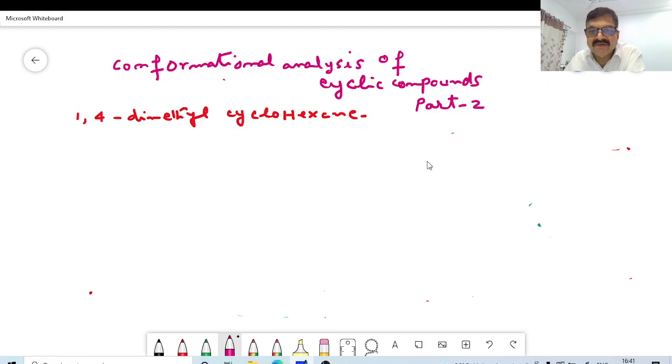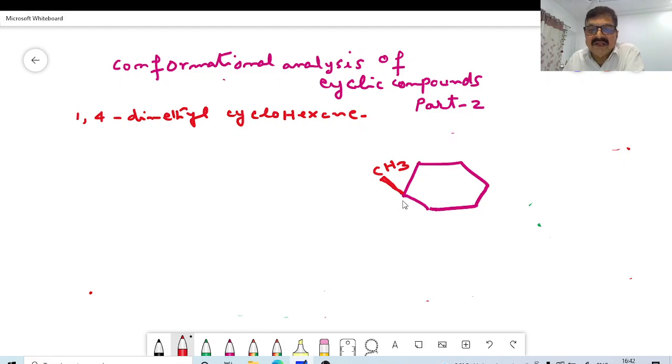So this can be drawn as, okay, this is a ring, the cyclohexane ring here. Slightly bent, no problem. So trans 1,4-dimethyl cyclohexane. Trans means one group above the ring. I am using a wedge here.